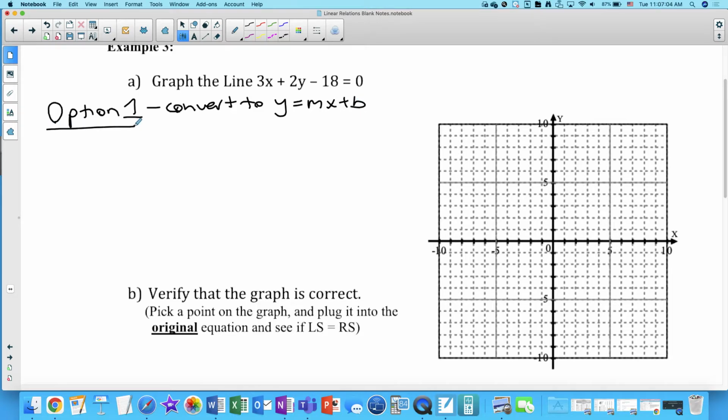So we could do that. I'm going to do that over here because I know I'm going to run out of space here. 3x minus 2y plus 2y minus 18 equals 0. So I need to isolate y, so I will subtract 2y from both sides. And I have 3x minus 18 equals negative 2y. And now I have to divide by negative 2.